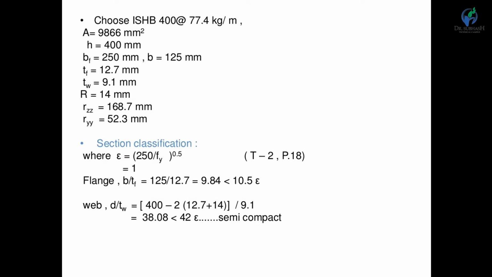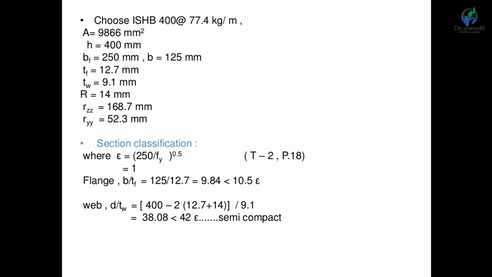In that section, area is 9866 mm square. We require 100 centimeter square, it means 10,000 mm square. But the maximum size in the steel table is 9866 mm square.